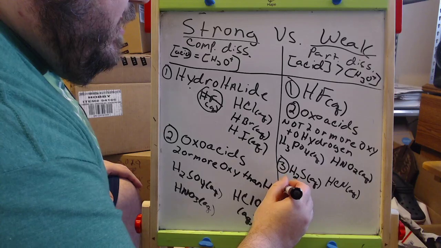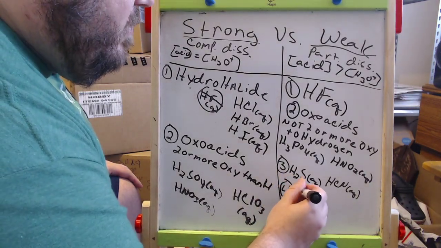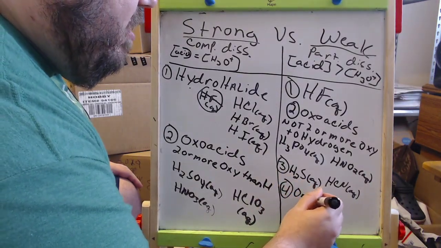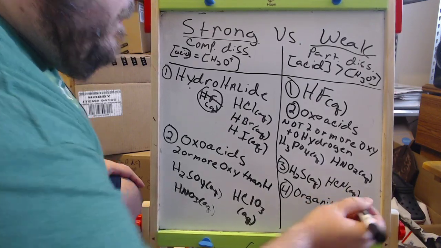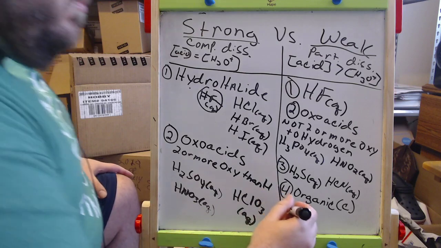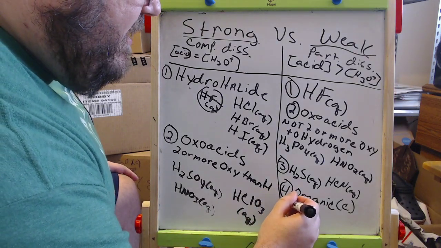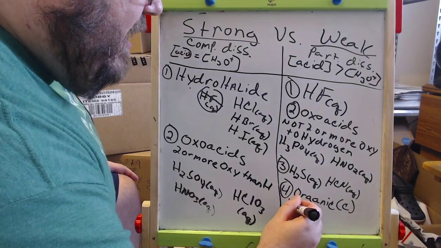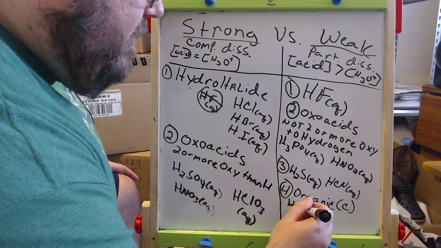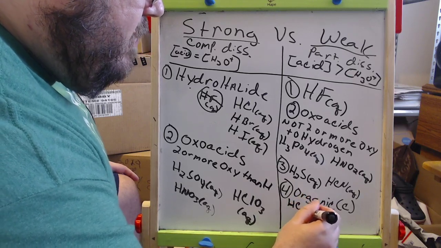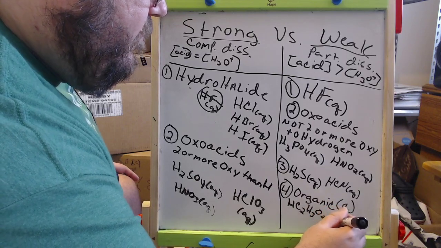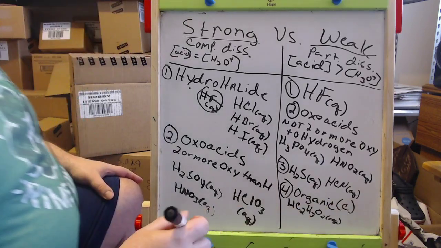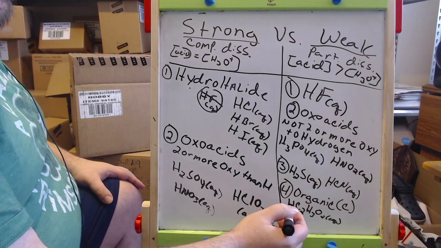And the last one is organic acids, which means they contain carbon. Our most famous is acetic acid, which in the Gen Chem way would be written like this: HC2H3O2 aqueous. Acetate with the hydrogen.